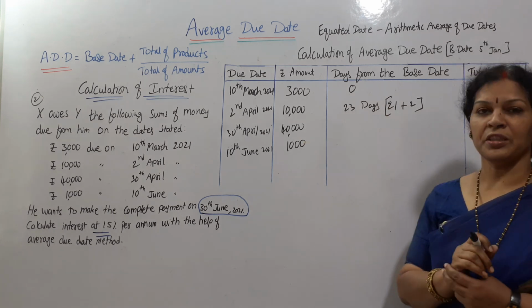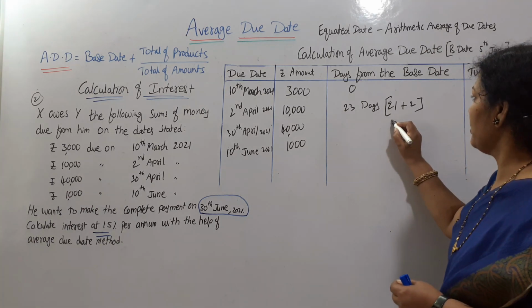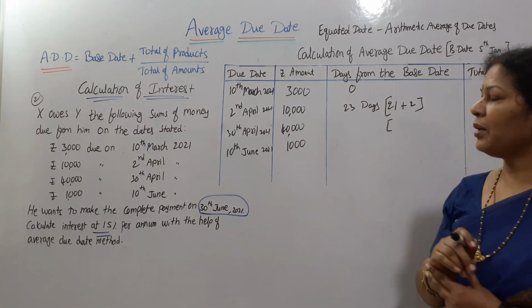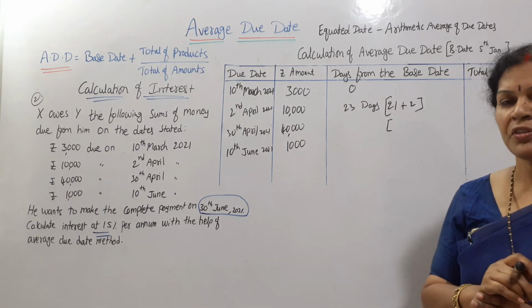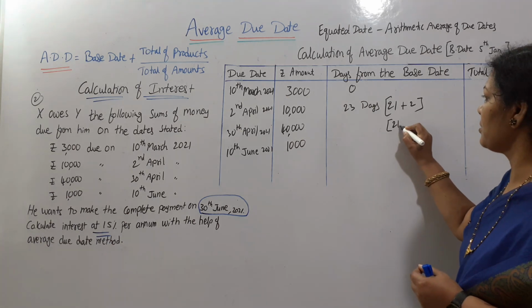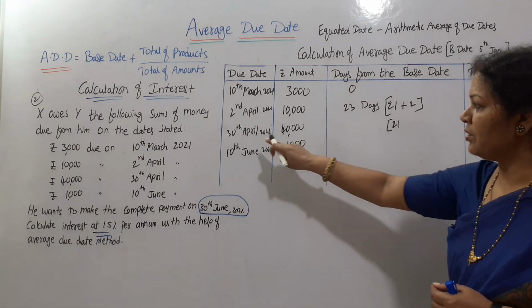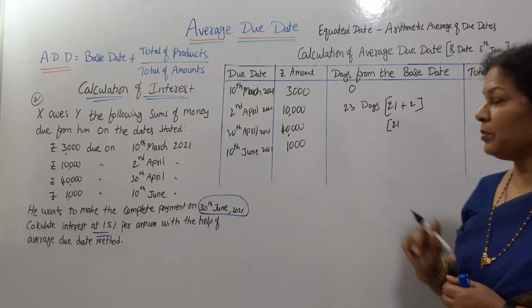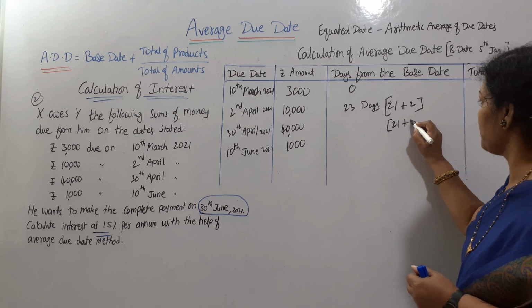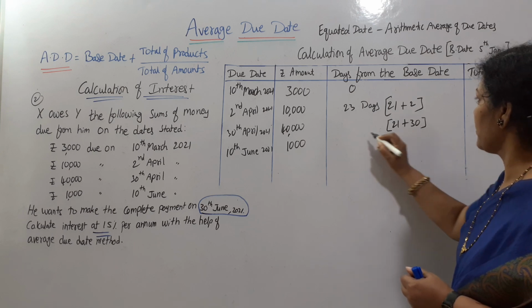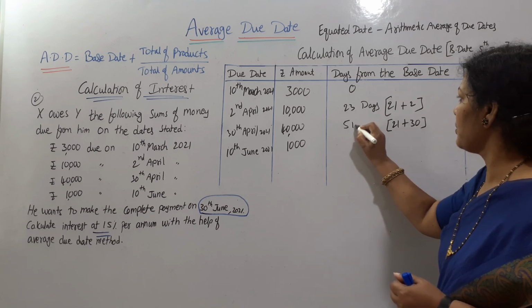In the same way 30th April: 10th March to 31st March is 21 days, plus 30 days of April, means 51 days.